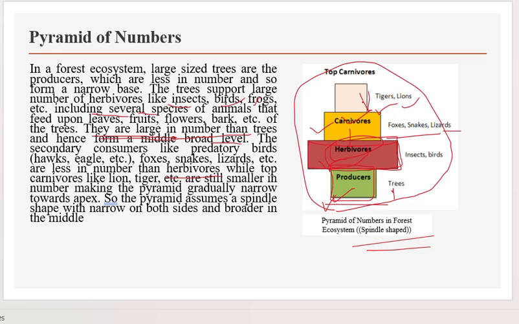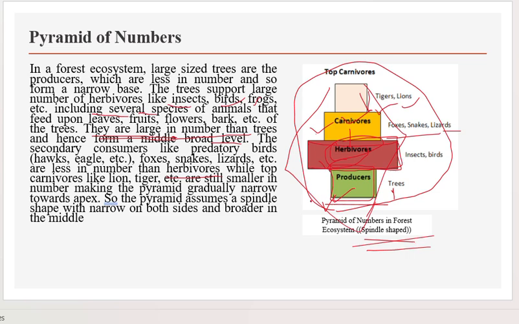So the structure is something like this, and it is called a spindle shape. This spindle shaped pyramid is only available in the pyramid of numbers, and that too in the forest ecosystem, because it starts from big trees, then birds, insects and other organisms, then foxes, snakes, lizards, then lions, tigers.